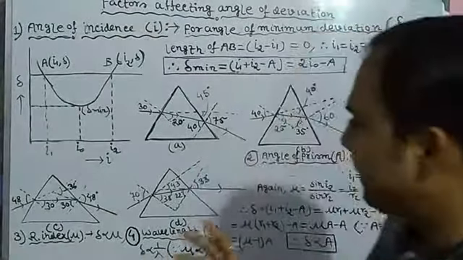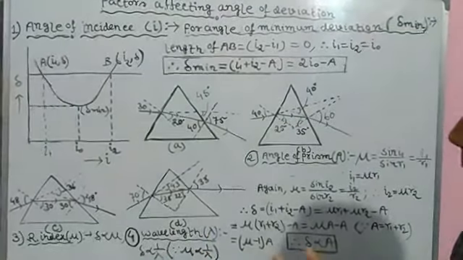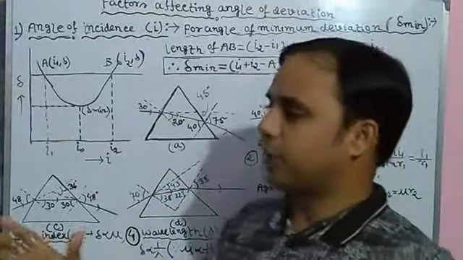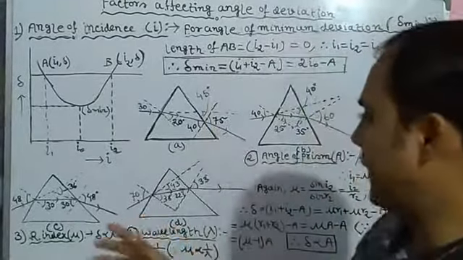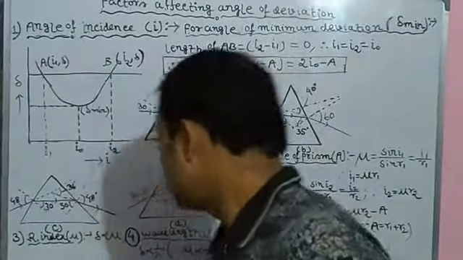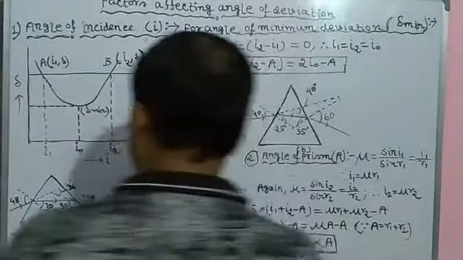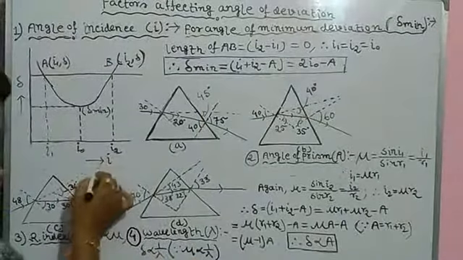If we plot the value of the deviation against the corresponding change of the angle of incidence, we will get a graph or a curve which is called the I delta curve. This is called the I delta curve.